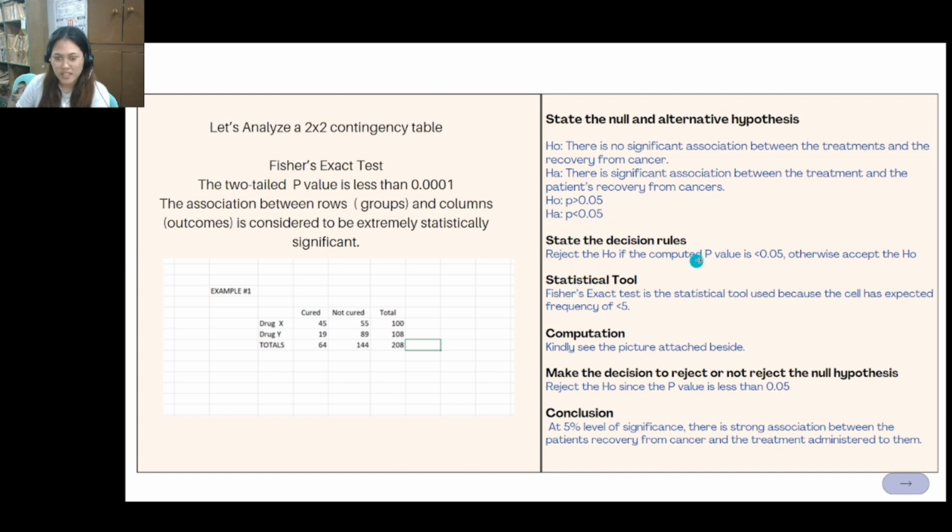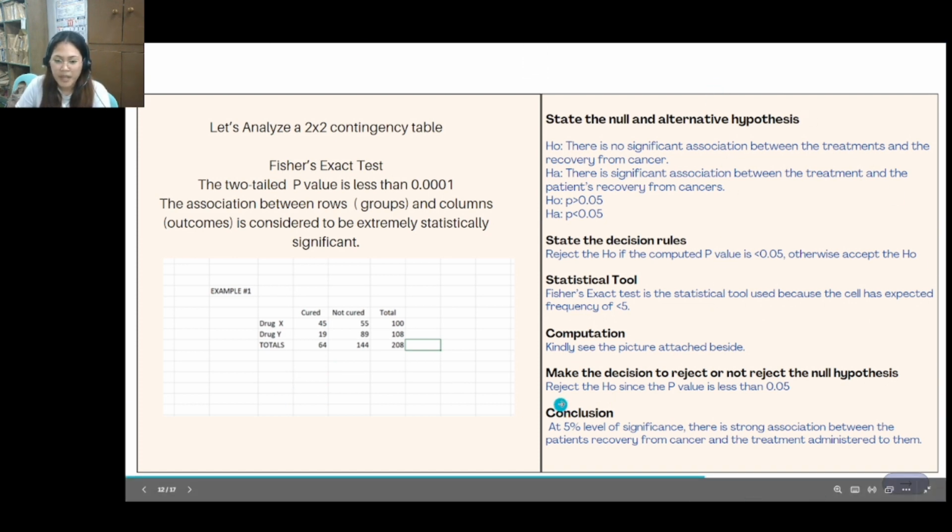So we need to state the decision rules. Reject the null hypothesis if the computed p-value is less than 0.05. Otherwise, accept the null hypothesis. Statistical tool: Fisher's exact test is the statistical tool used because the cell has expected frequency of less than 5.